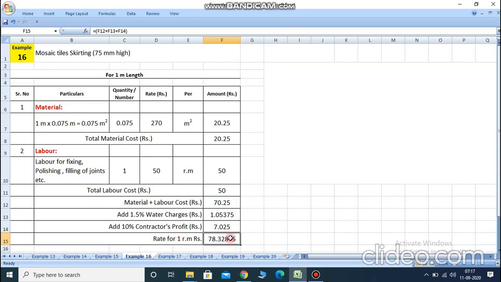So overall summation of all these three values, we got the answer 78.32 rupees. So it's the rate per running meter for mosaic tiles skirting.